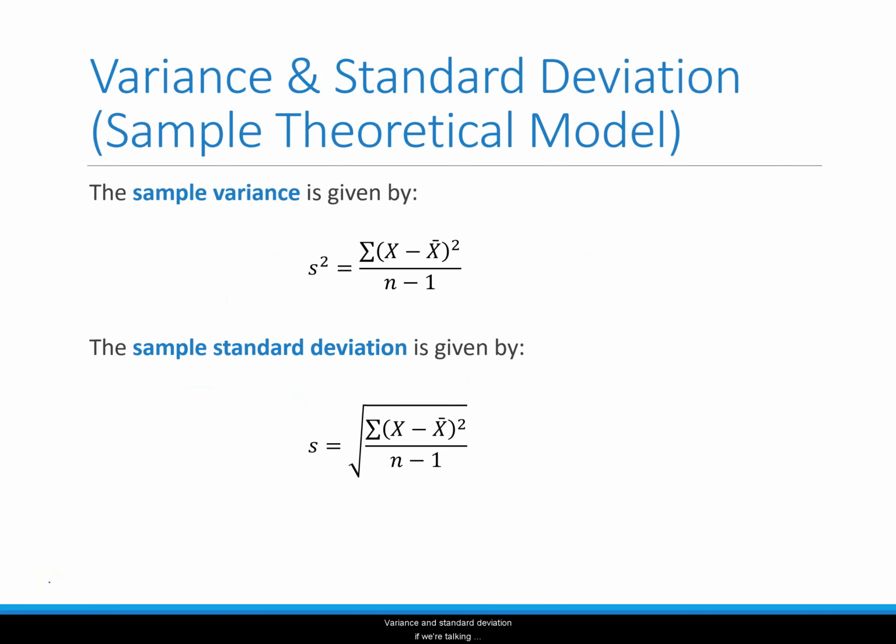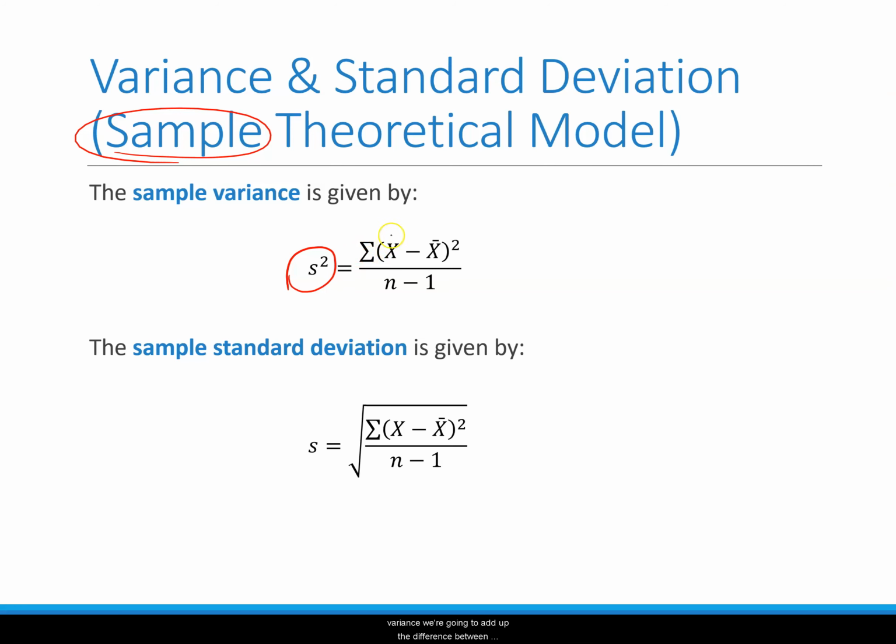Variance and standard deviation, if we're talking about a sample, they have one formula. If we talk about a population, there's a different formula. So it is important to know that there are different formulas depending on if you're calculating a sample versus a population, variance, or standard deviation. Sample variance, we use the symbol S squared to indicate sample variance.